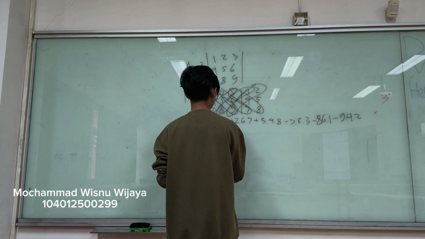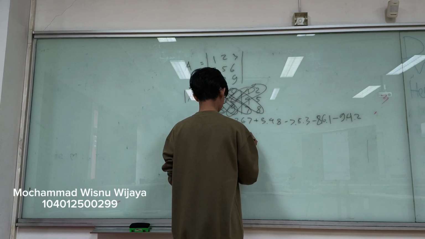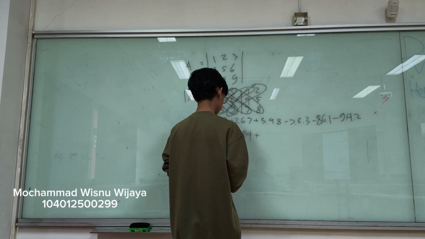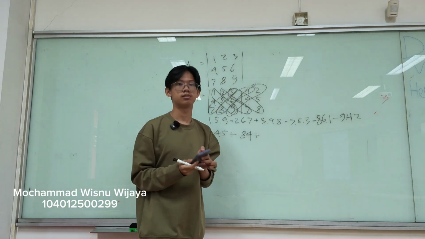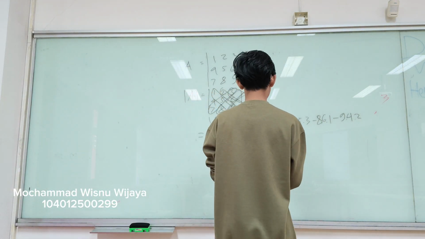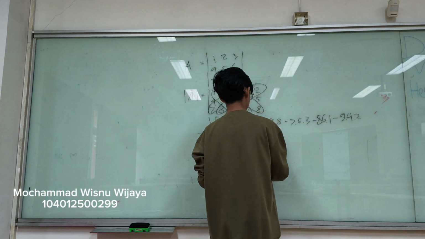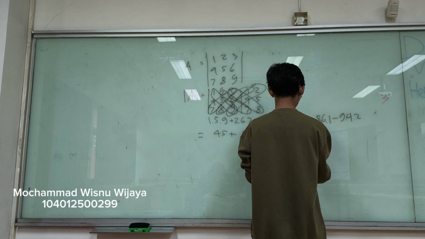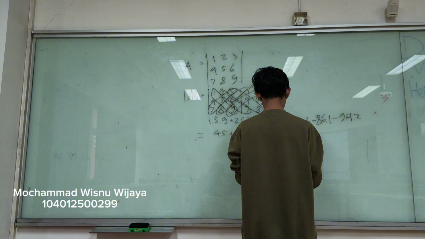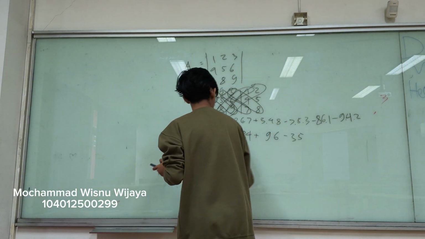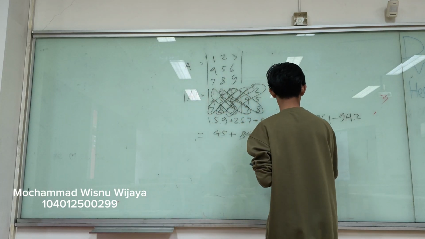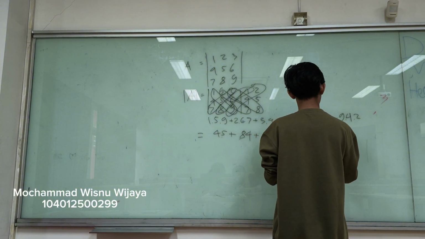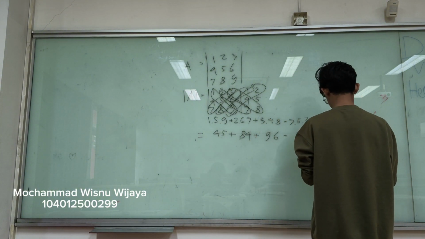Lima tambah 12 kali 7, 4, 12 kali 8, 6, kali, 05, 6, dan kali 4, 2.